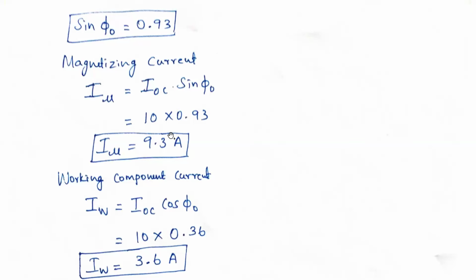If we simplify, we got the answer as 9.3 amperes. That is the magnetizing current.